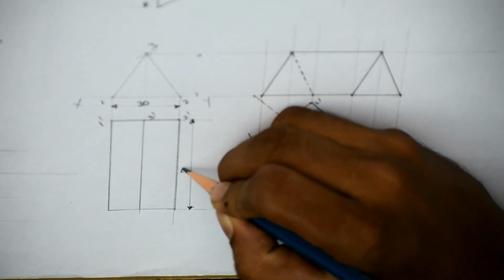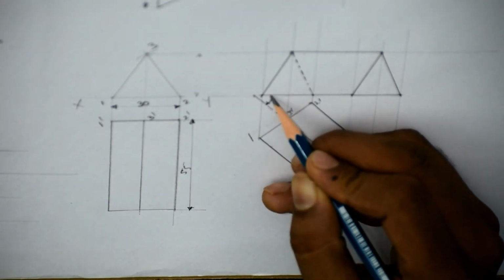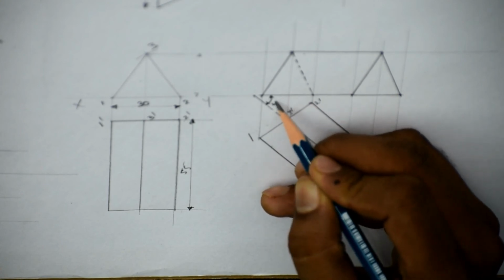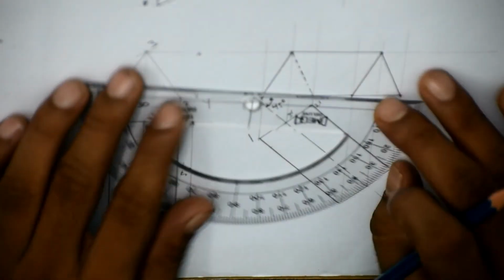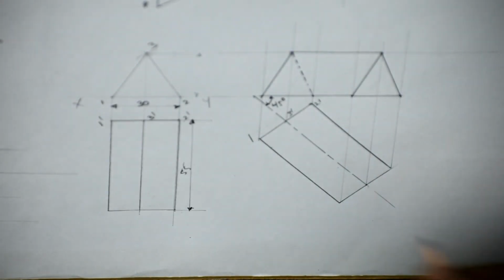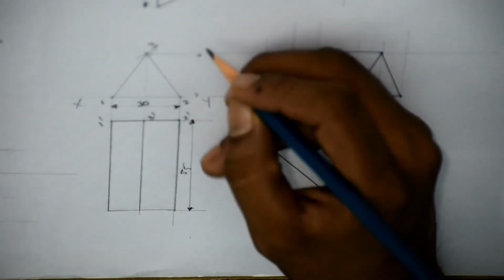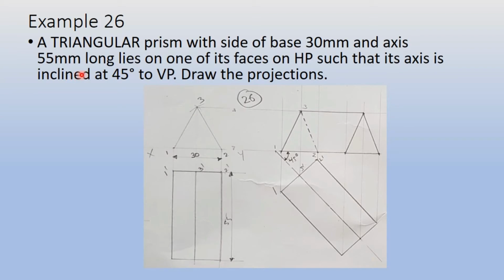The axis is 55, and the angle of inclination was given with respect to the vertical plane, and it was 45 degree. Hence your question number 26 is completed. So this is the solution of a triangular prism resting on its face on HP and inclined to VP.